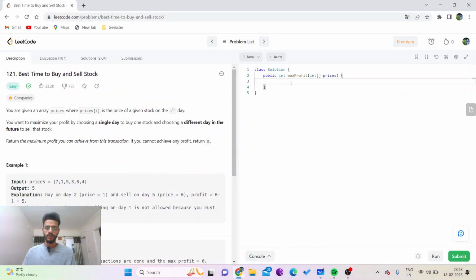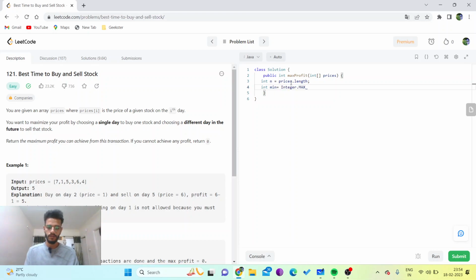Here int n, I'm taking the length of the array. int minCP, I am taking Integer.MAX_VALUE, the max integer value.